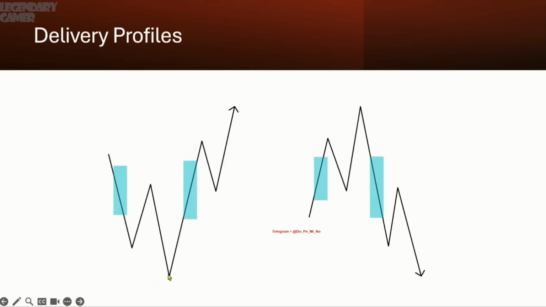We then see buy side delivery higher, and inside of this buy side delivery, we can see the creation of a BC, meaning there was a lack of sell side delivery inside of this buy side delivery. So you have seen buy side twice and sell side twice now. The sell side inside of this move and the sell side inside of this move. The buy side inside of this move and the buy side inside of this move.